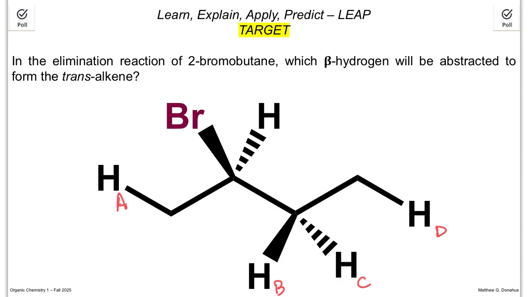So now I've put the stereochemistry in here, and it says which one of these will be abstracted to form the trans alkene. So the nuance is that the hydrogen on the beta carbon has to be 180 degrees to the leaving group X.